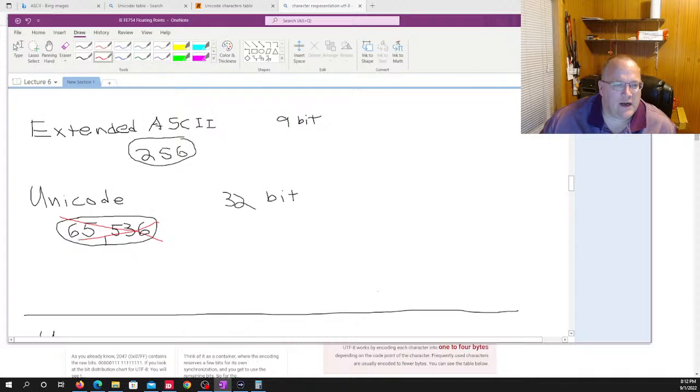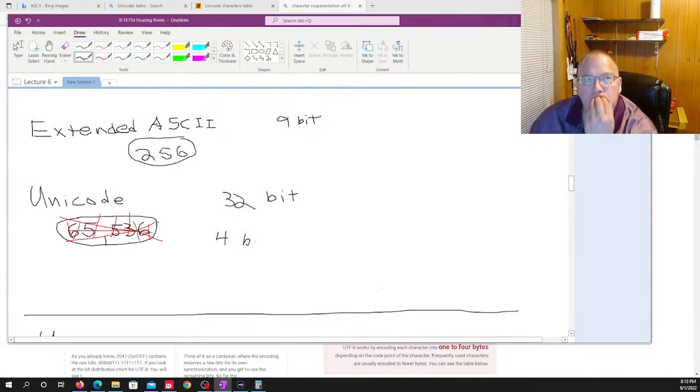It's roughly 4 billion numbers. So it's possible to have that many.